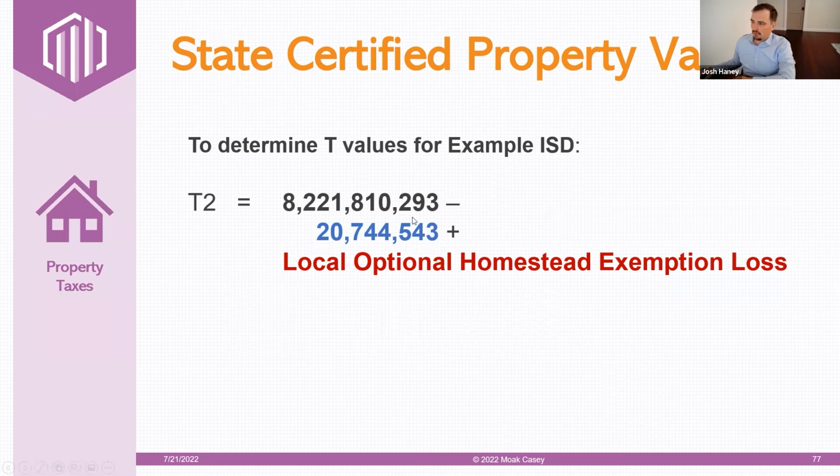Okay, so we got our M&O net taxable, we're good there. We got our freeze value loss plugged in with that very torturous calculation, but we're past it now. We're good to go. And then for T2 purposes, the last remaining big item is the local optional homestead exemption.